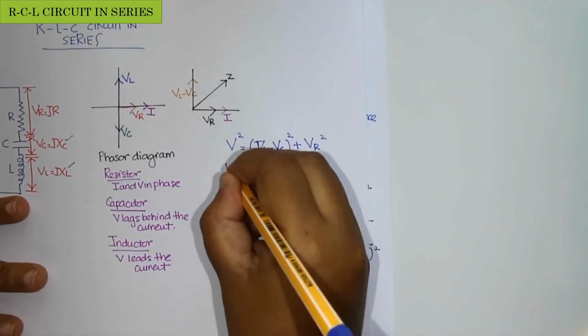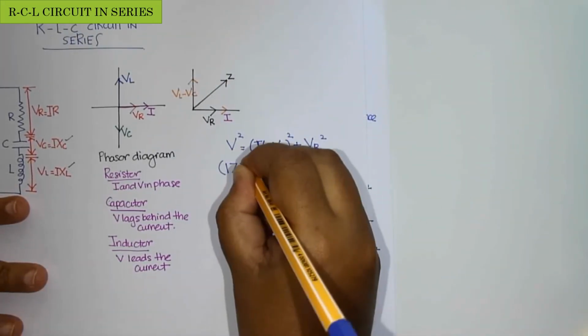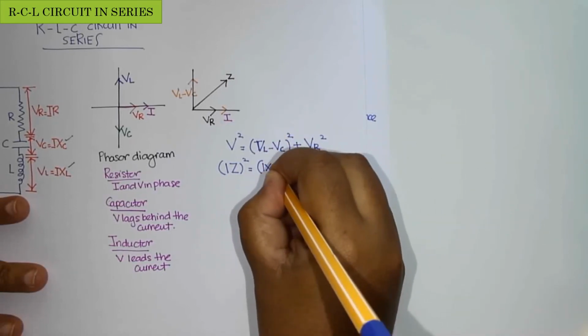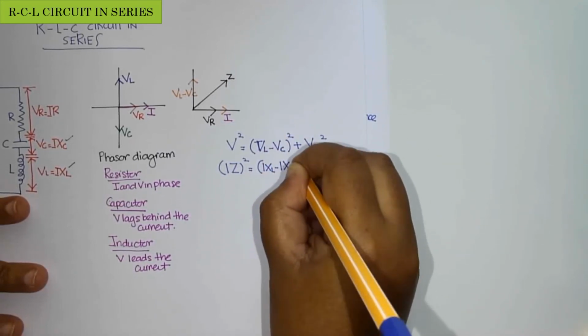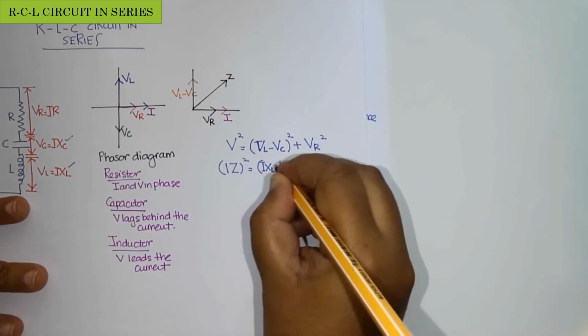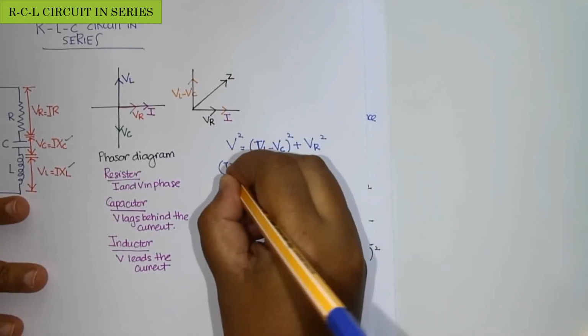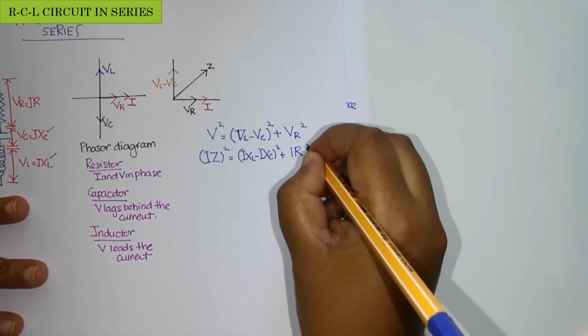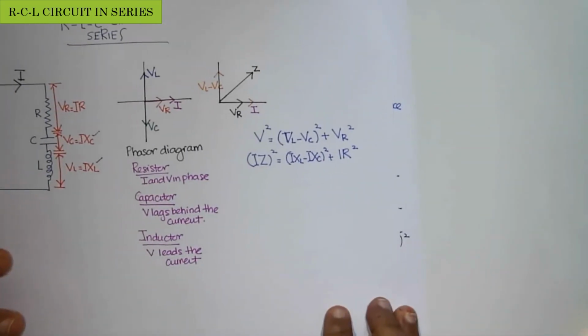So V is IZ, squared. VL is IXL minus IXC, squared, plus IR squared.